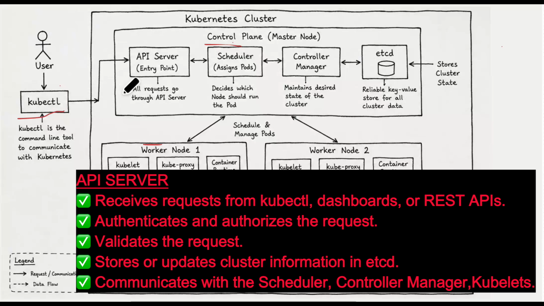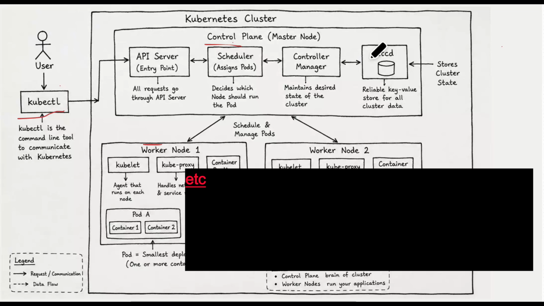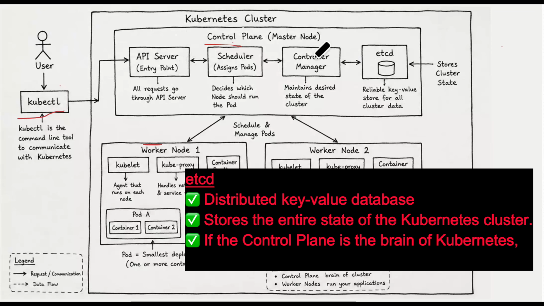Now the next component is etcd. etcd is a distributed key value database that stores the entire state of the Kubernetes cluster, and only the API server can directly interact with etcd.